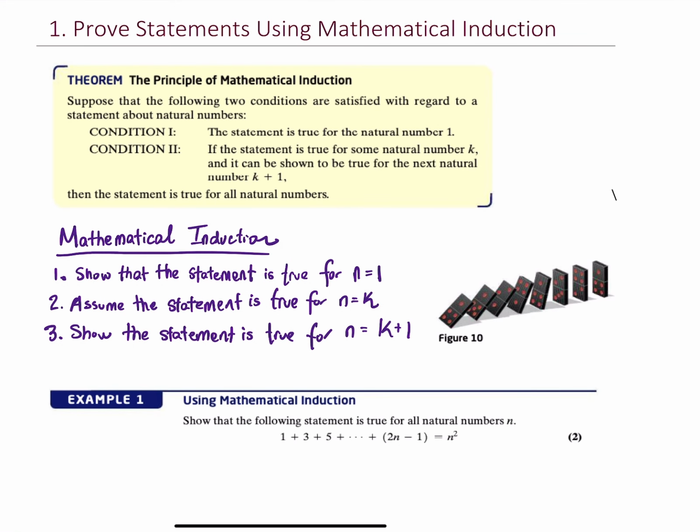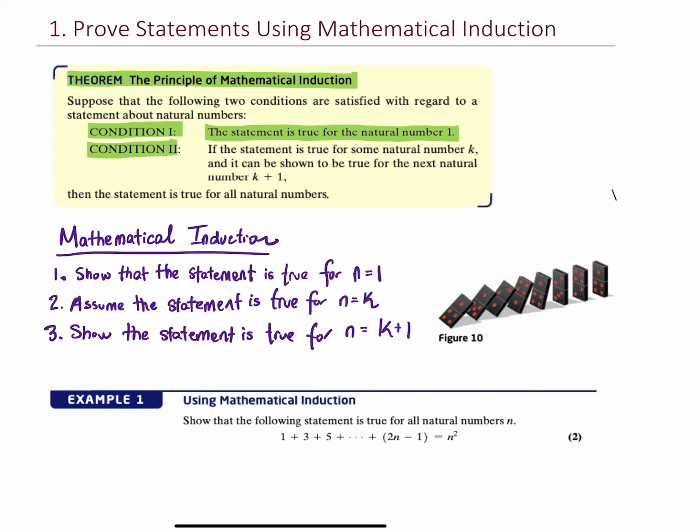So let's read the text description, and then I have my own sort of variation of the steps. It says, suppose that the following two conditions are satisfied with regard to a statement about the natural numbers. Condition 1 is that the statement is true for the natural number 1. So we know that it's true for the first possible input that we can plug in.